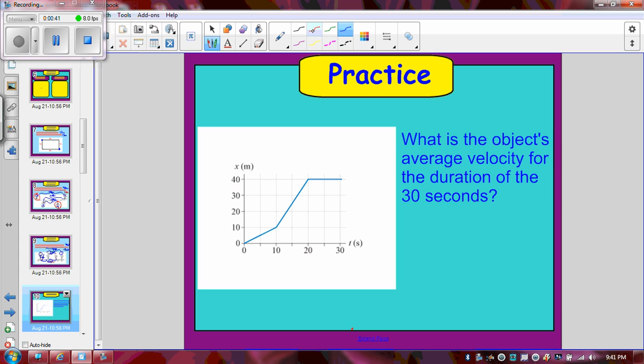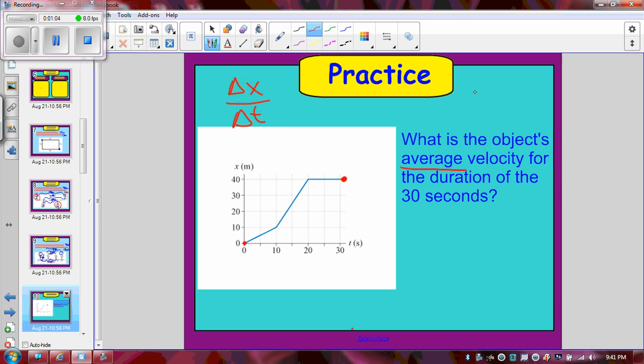If you recall from the previous video, average velocity, and the key word there is average velocity, is defined as the change in displacement, or change in x, over the change in time. So if we look, the change in position goes from 0 all the way up to 40.